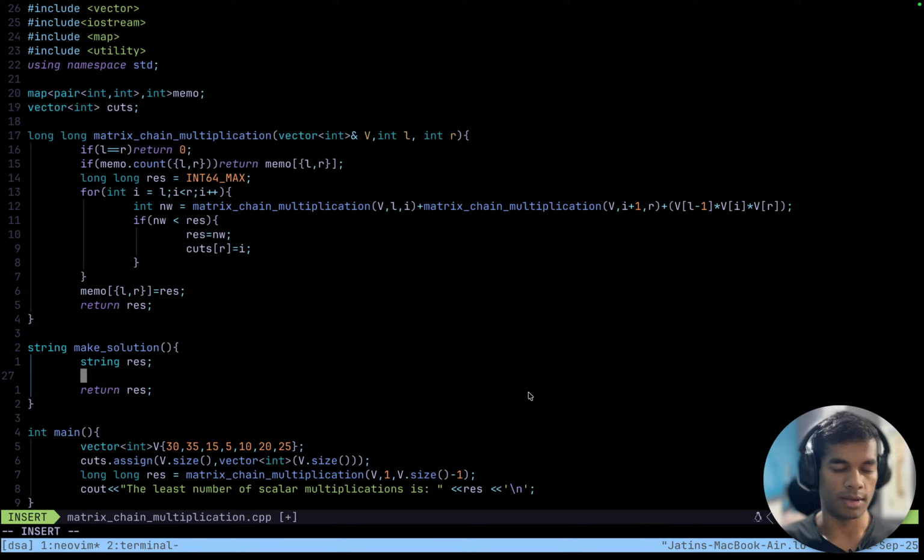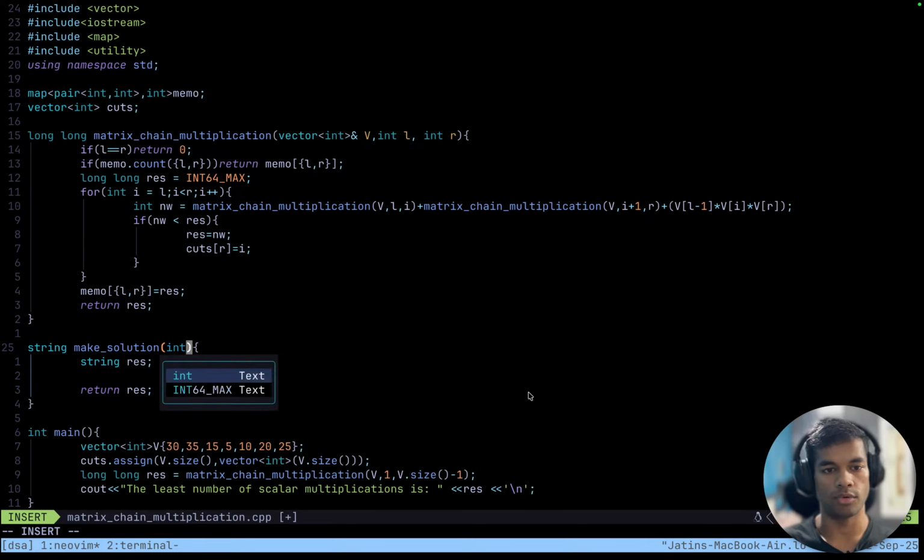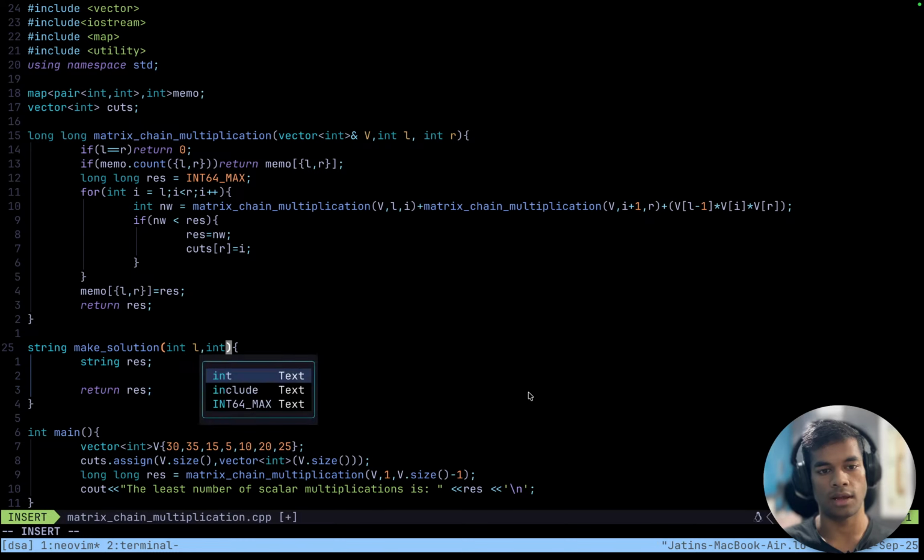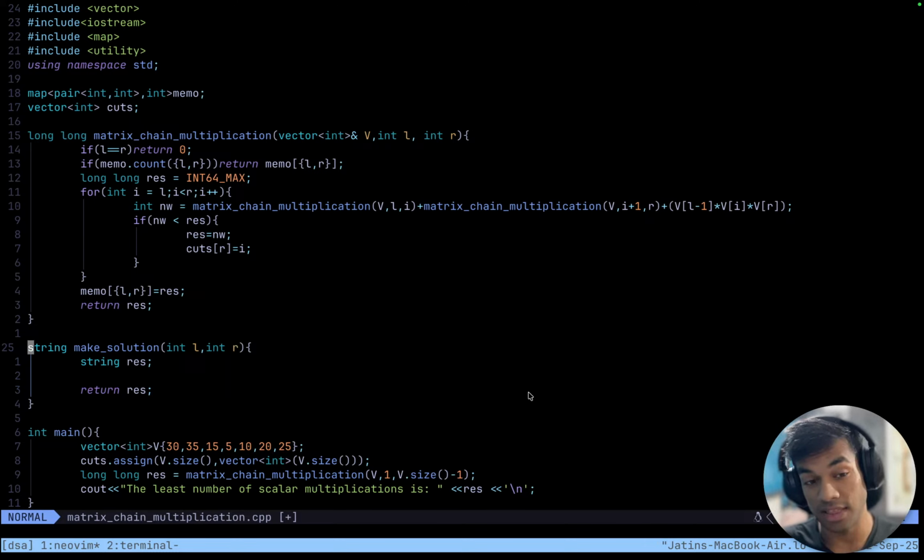And what do we have? Yep. What is our range? That is a nice question. Cuts is a global variable. We don't need it. Left and int r. Shit. If that is the game that we are playing, then it is messed up.